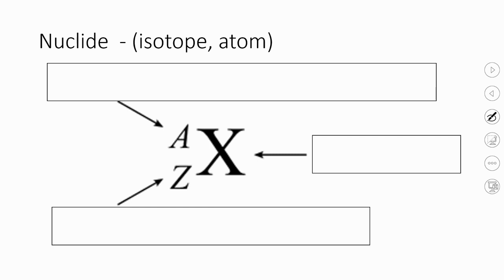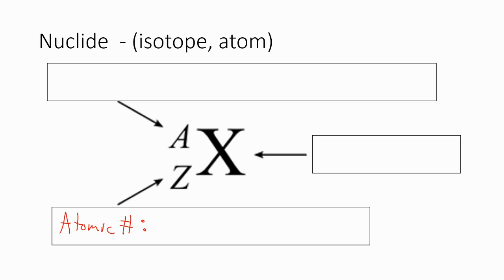Good, one of them is the atomic number. Do you remember which one? Is it the top number or the bottom number? Good, the bottom number is the atomic number. And what does that tell us? It doesn't tell us the mass.